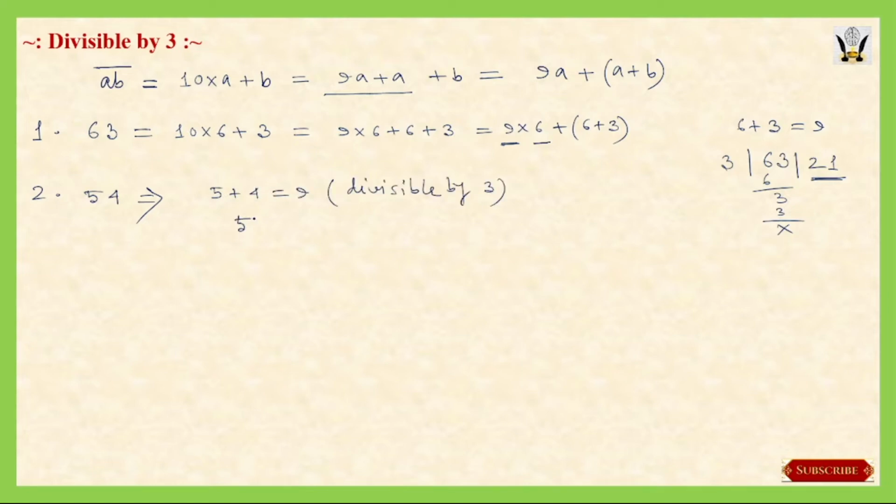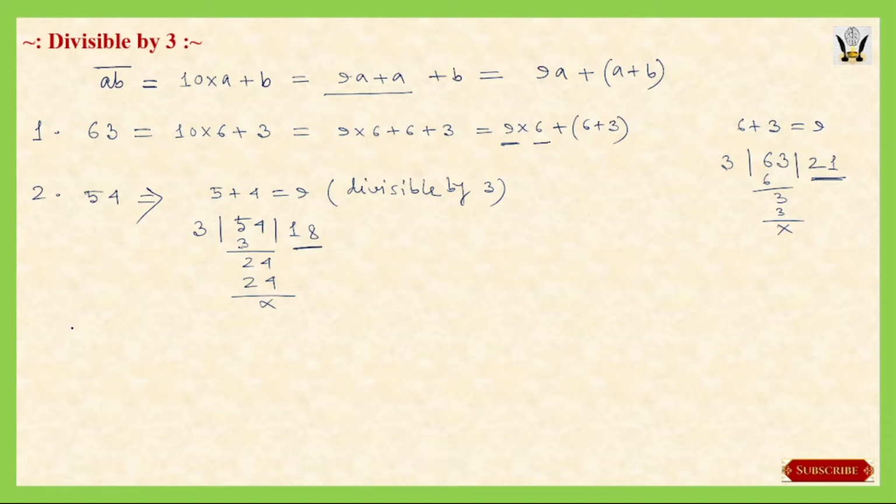Now let's evaluate 54 separately. If we divide by 3, 3 8s are 24. So here also we can see that 18 is the quotient and there is no remainder. That means 54 is divisible by 3.